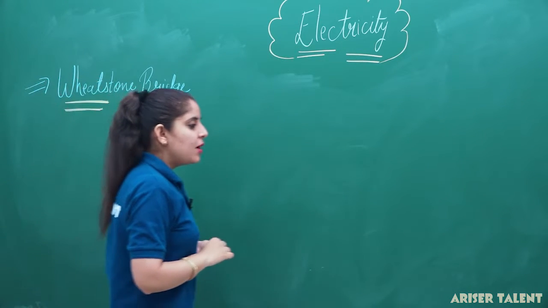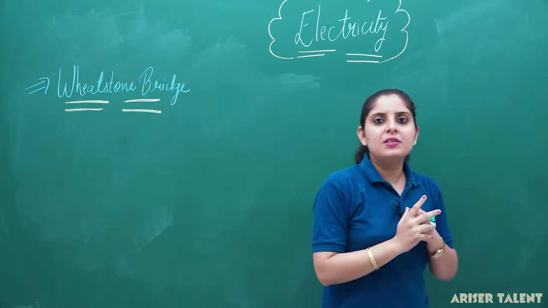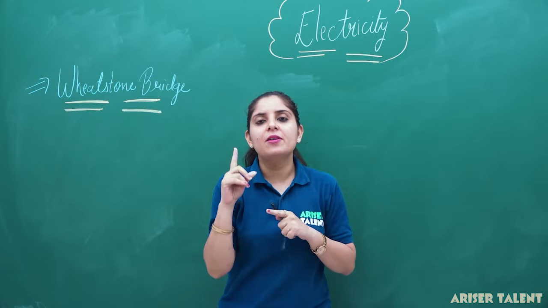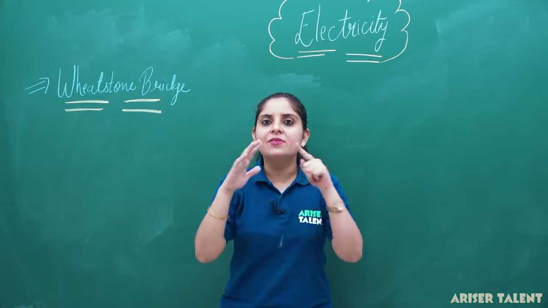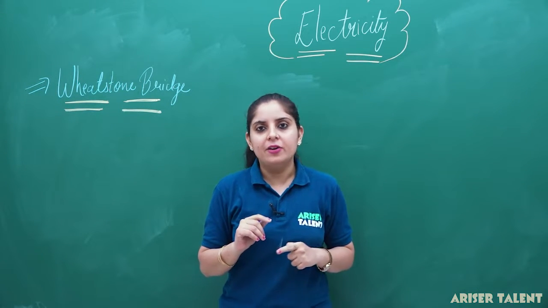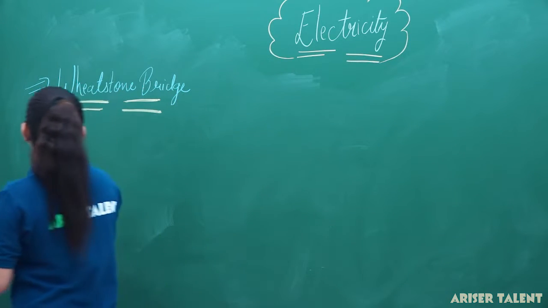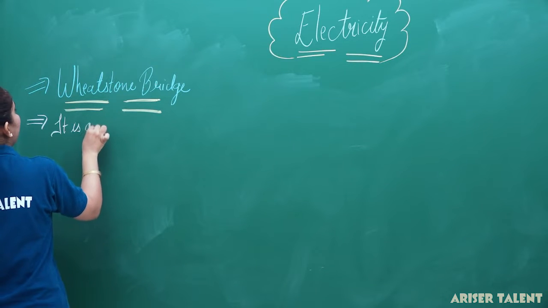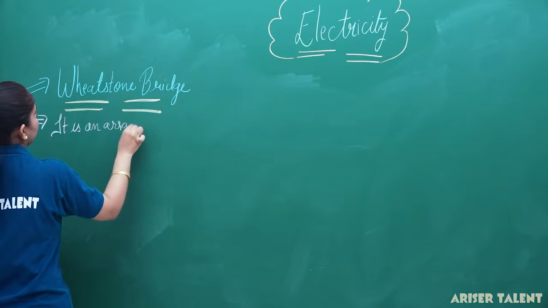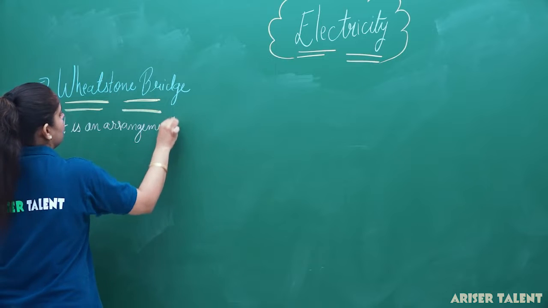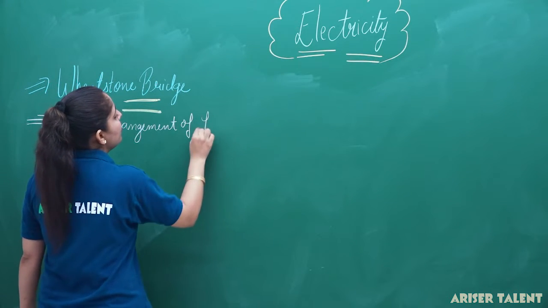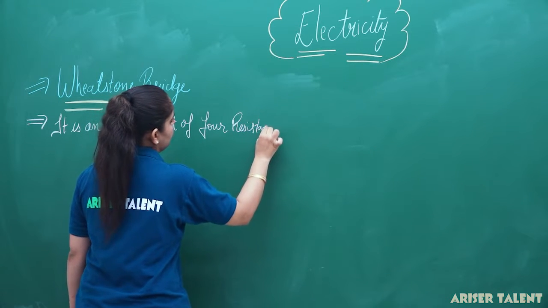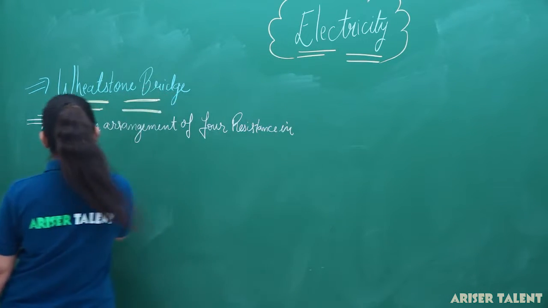Wheatstone bridge. Firstly, it is an arrangement of 4 resistors, in which the values of 3 resistors are provided and there will always be an unknown resistor, and these are arranged in the form of a quadrilateral.